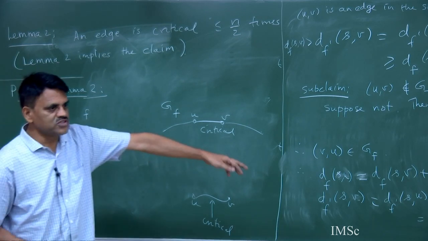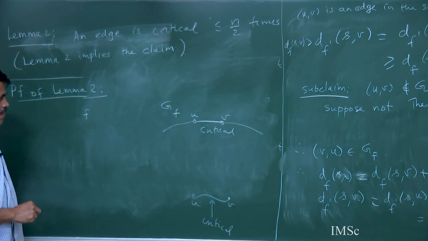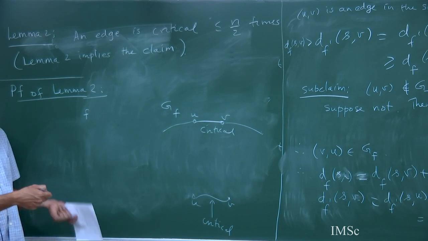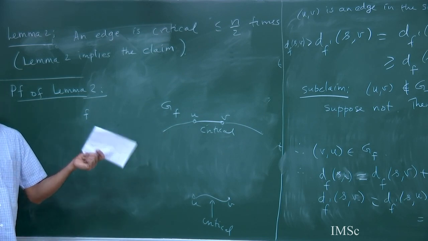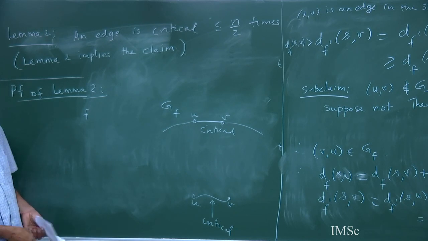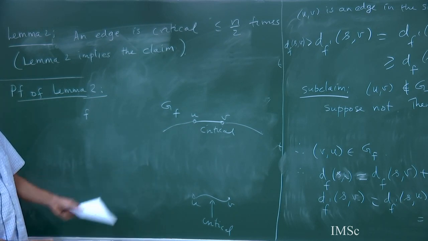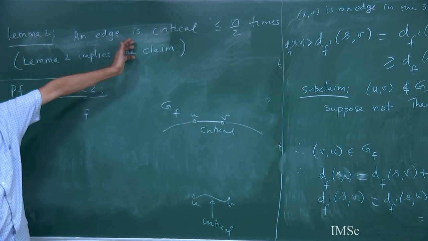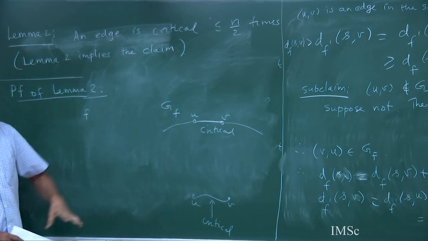More or less the proof is here. I know it starts with 0. The distance from S to U cannot go more than n minus 1, and it's increasing by 2 all the time between 2 points of criticality. So it won't be critical more than n by 2 times.